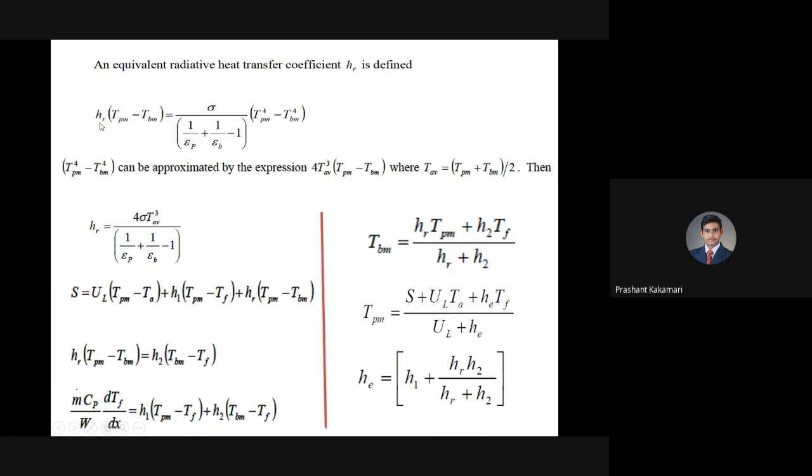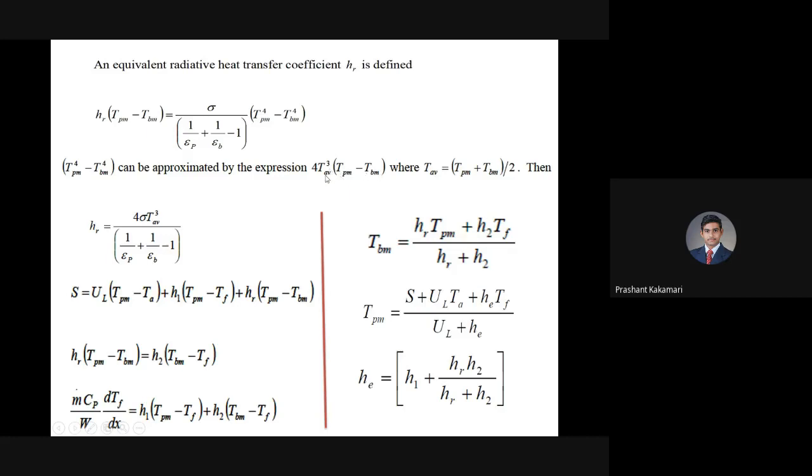So what is HR here exactly? If you simplify this T pm4 minus T bm4 at very low values of difference in plate temperatures, if you take the bottom or top plate temperatures at very low temperatures, this raised to 4 minus raised to 4 can be approximated as 4 into T average raised to 3. If you consider two plates and the average temperature, I can write it as T average raised to 3 into bracket T pm minus T bm.